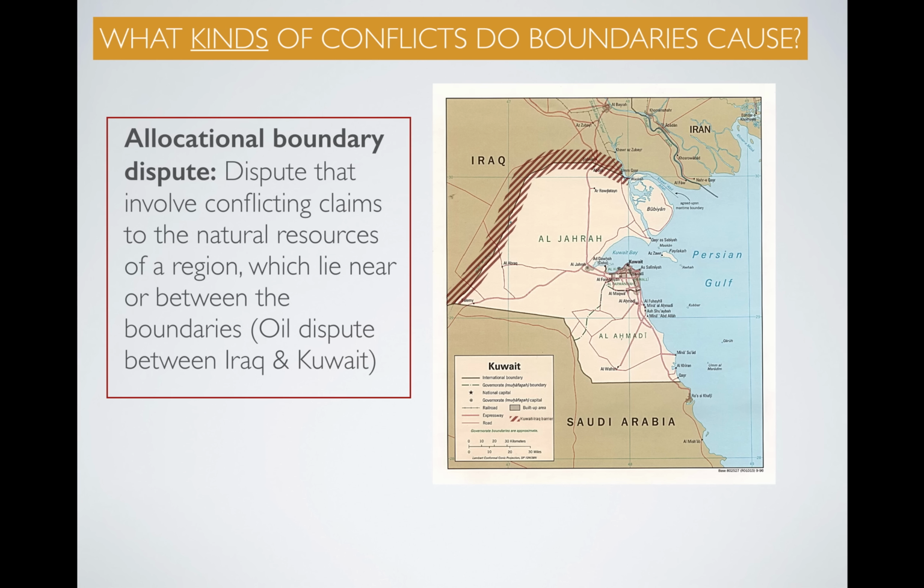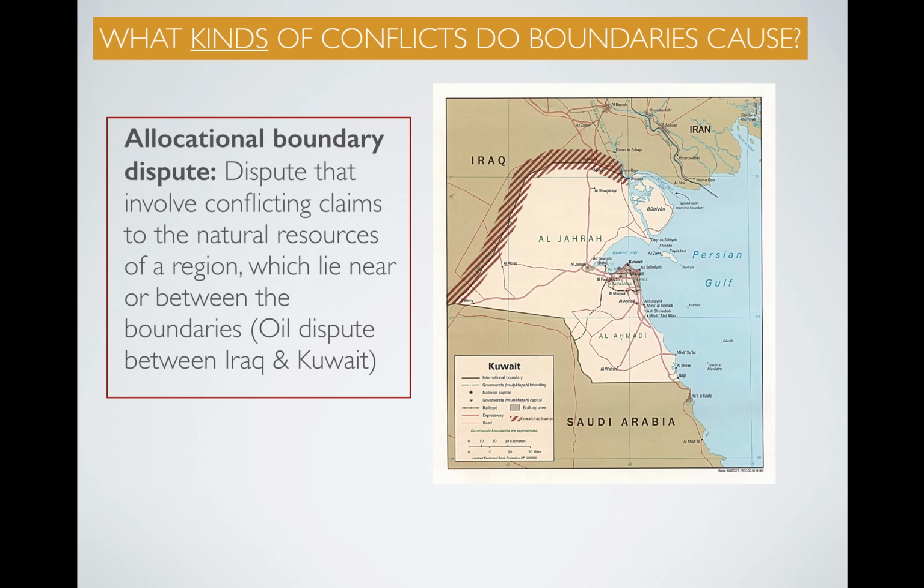You can imagine that finding a resource, particularly one like oil or natural gas, so critical to the functionality of your society, can make an allocational dispute quite complicated if the beginning and end of the resource don't follow the lines of the political border.